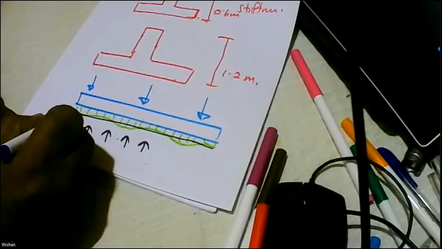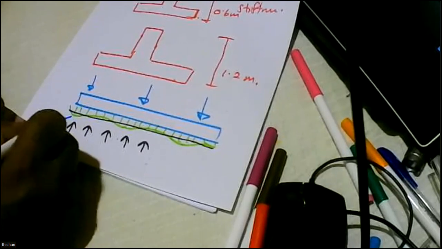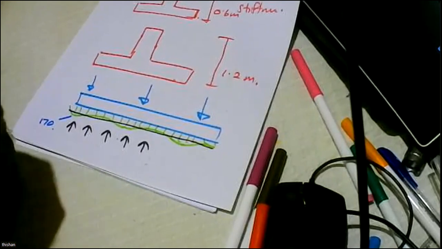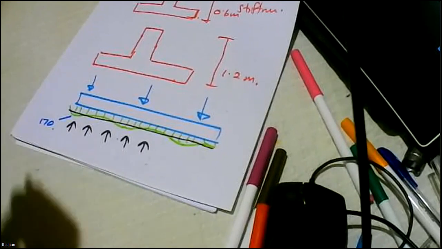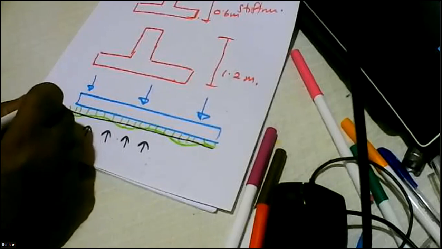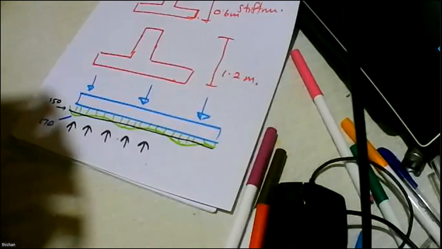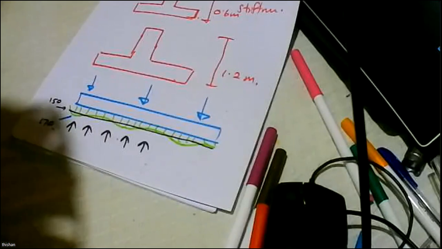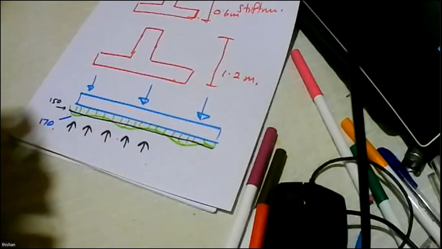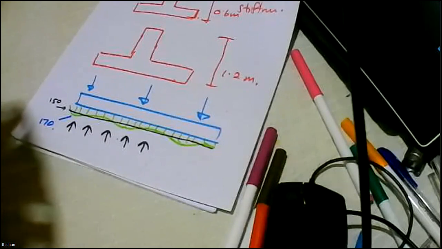Because sometimes you might find here you might get 170, but when you increase the stiffness of the foundation, you might find it drops to about 100. So you might find that by increasing the stiffness of the foundation, you can easily satisfy the bearing capacity without increasing the width of the inverted T-type foundation.